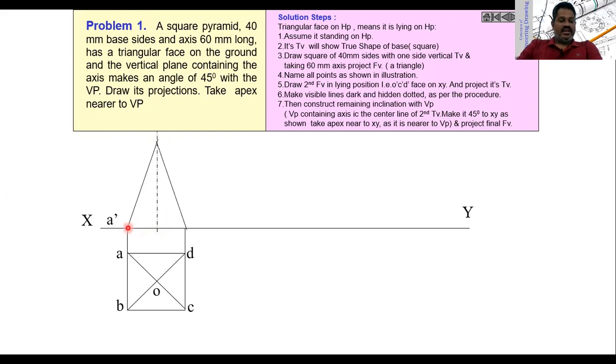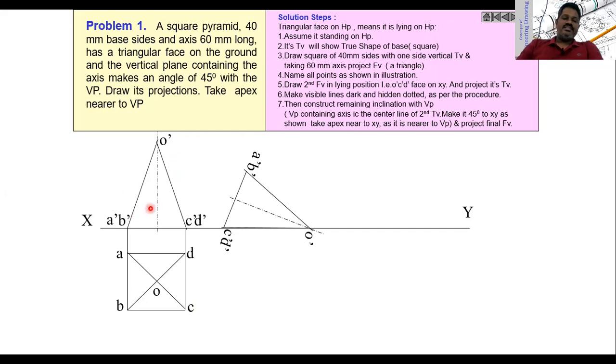Then name all those points as A dash, B dash. The front point is B dash and the back point is A dash. The front point is C dash and the back point is D dash. Now I am assuming this as O dash here. So A dash, B dash, C dash, D dash, and O dash you have.